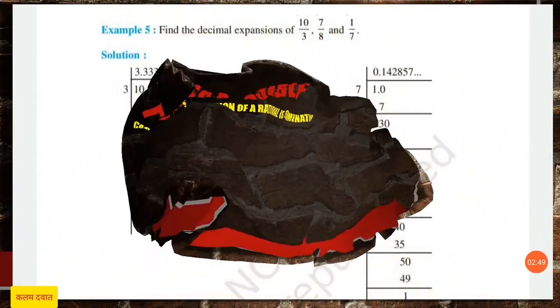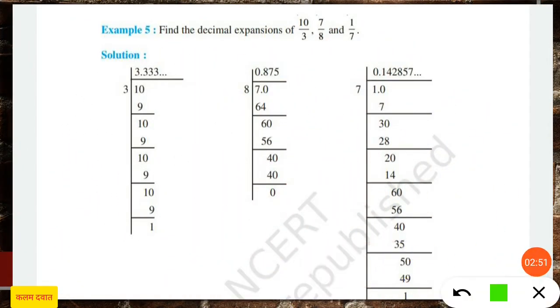Let me show you this chart first. See, in this 10 upon 3, when it is divided, we are getting the quotient 3.333 and so on. These dots, and so on, mean it is unending, meaning we are not getting a 0 at the end. The term is unending, meaning it is non-terminating.